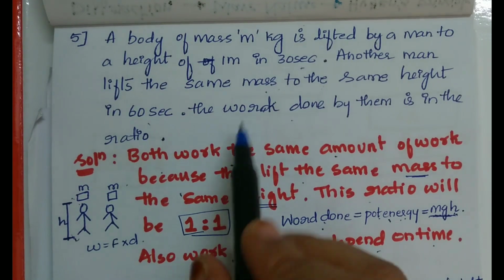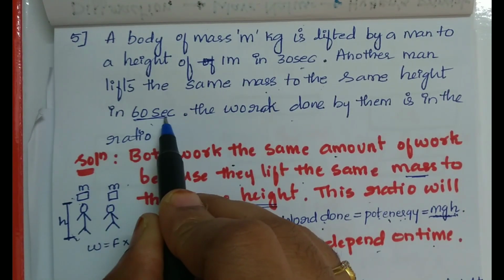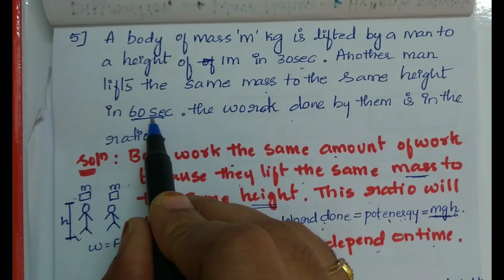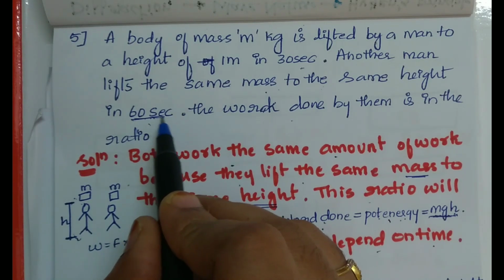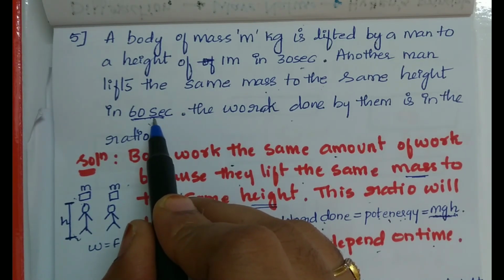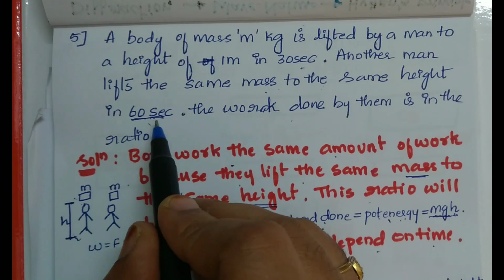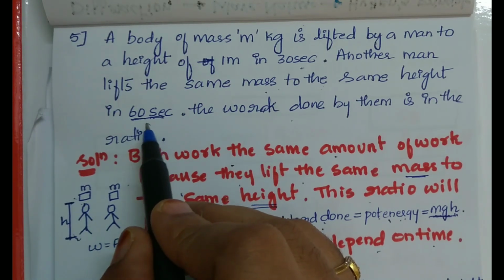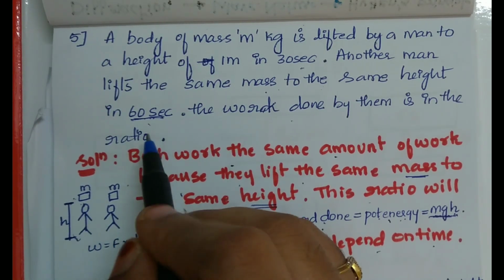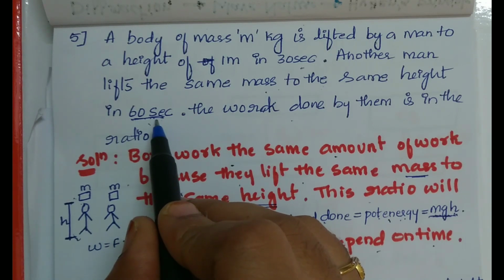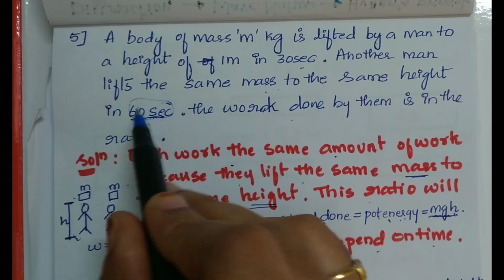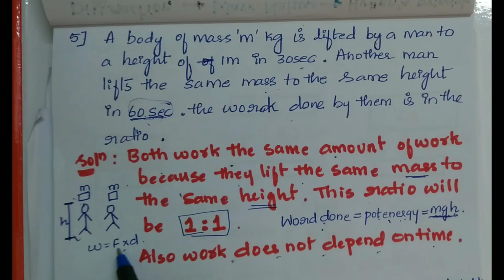So if they give you the 60 seconds, this is just to confuse you, with different formulas that have time in them. You should not be confused by this time. Remember that work done is force into displacement. Here there is no time content. Hope you understood the fifth question.